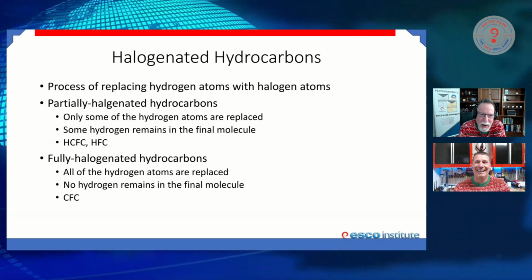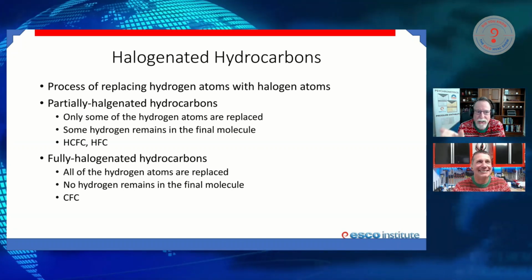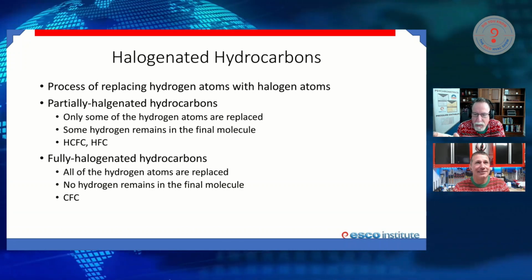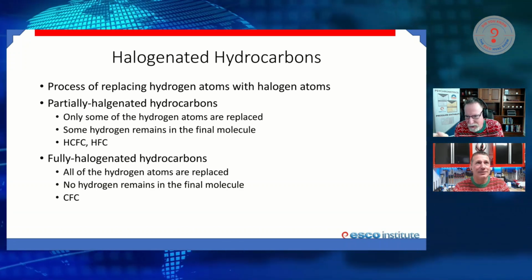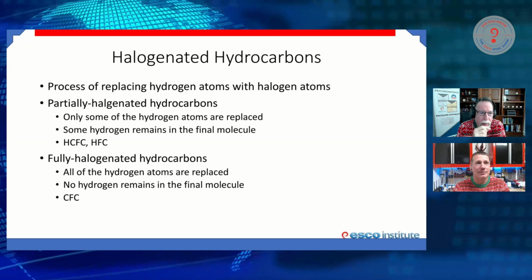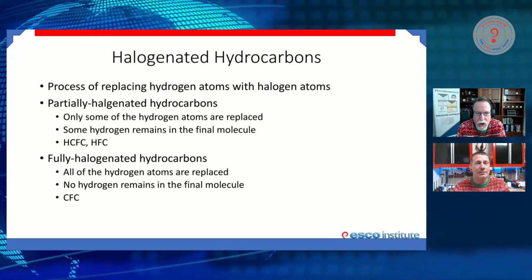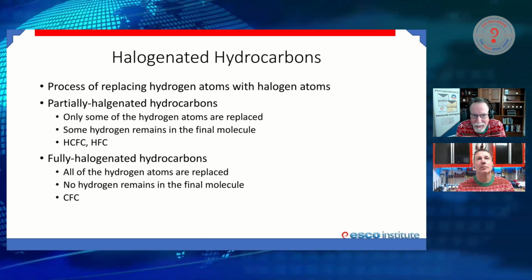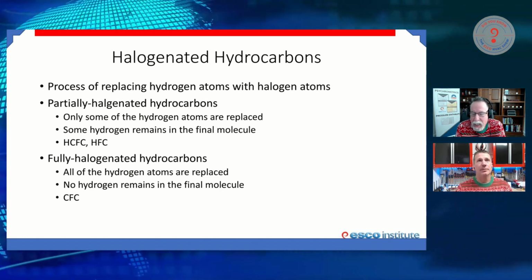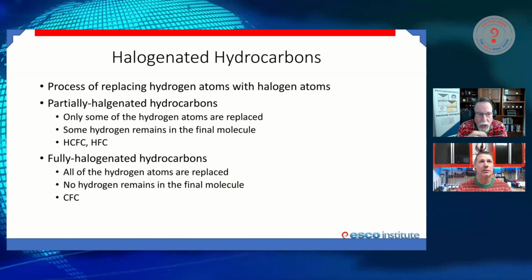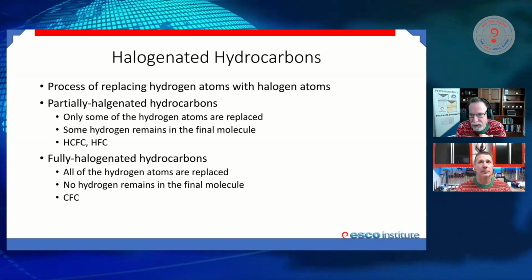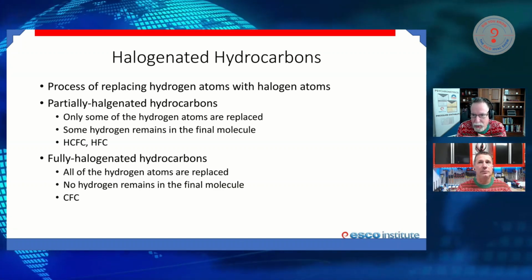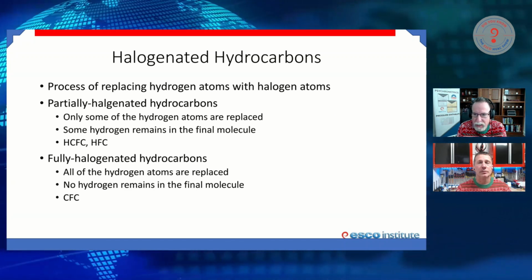So we have what are called partially halogenated hydrocarbons, and then we have what are called fully halogenated hydrocarbons. A partially halogenated hydrocarbon means we only halogenated some of the hydrogens. We only plucked off some of the hydrogens and replaced those with chlorine and or fluorine.